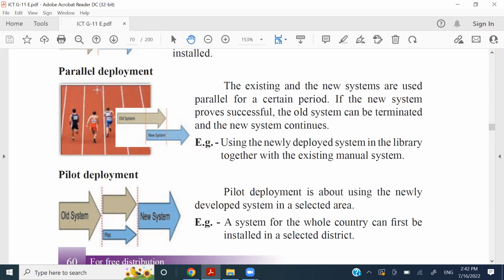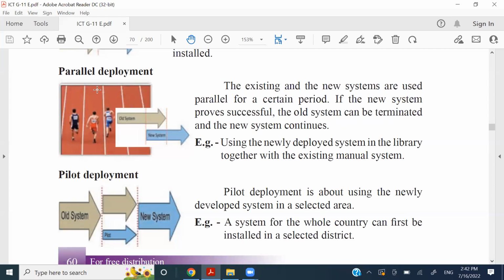Thereafter, when the organization is satisfied that the new system is working properly and does not have any problems or defects, then they can stop the old system and continue with the new system, right? That is what you call the parallel deployment, and it prevents the problem that arises in the direct deployment. In case the new system has a problem, they still have a backup since they have the old system at the same time.